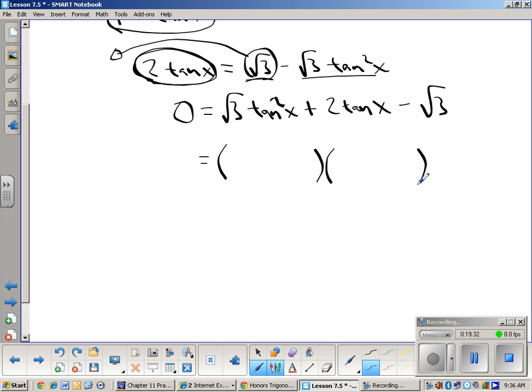I can do that. No, there isn't. This tells me my signs have to be different. And I need square root of 3 times tan x. And so one of these has to be, I'm going to put my signs in, but I might have to change them when I'm done to get the right sign.